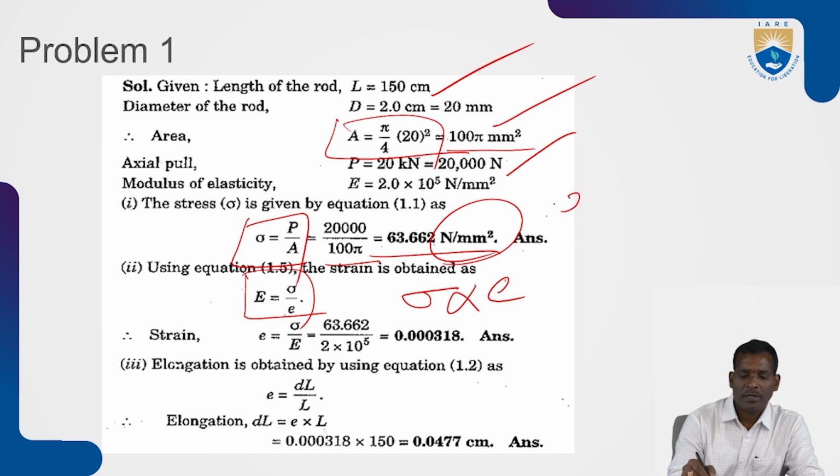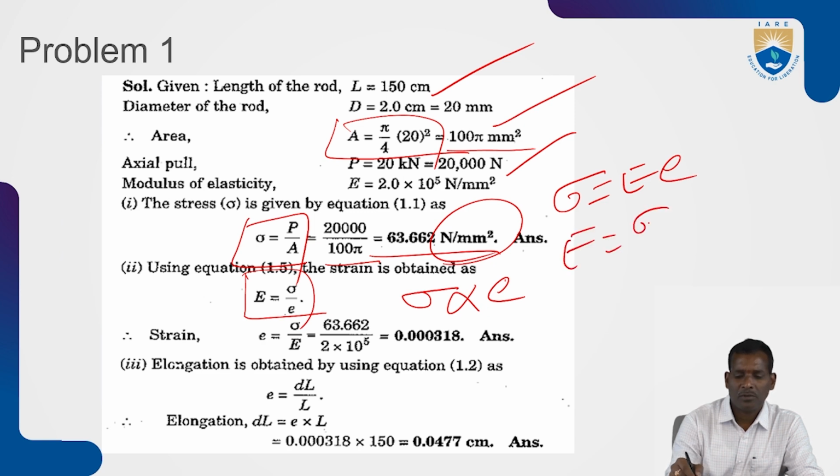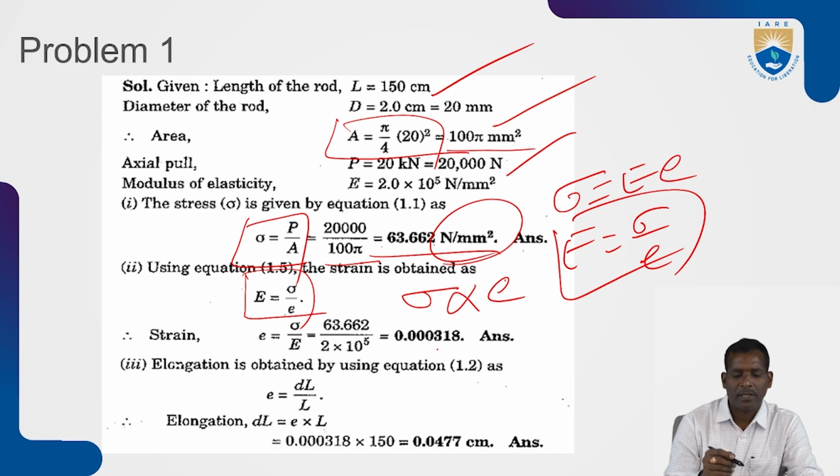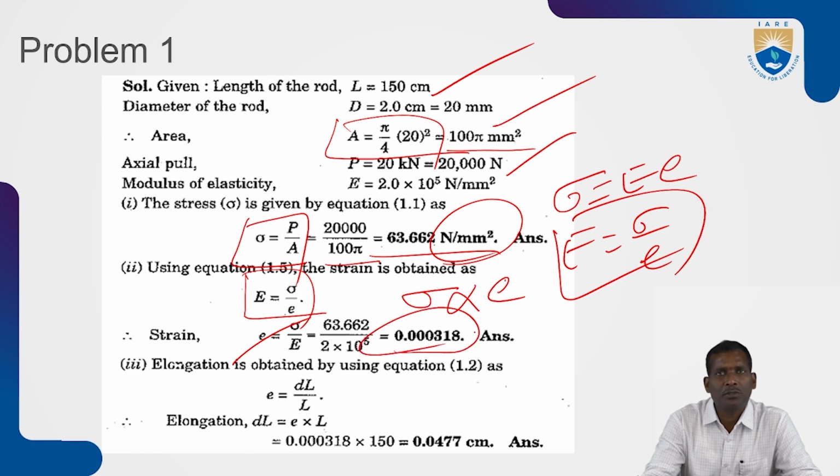So now you can write strain is equal to sigma by E. Sigma you already calculated, E is also given. Now the strain is 0.00318. This strain is a unitless parameter.